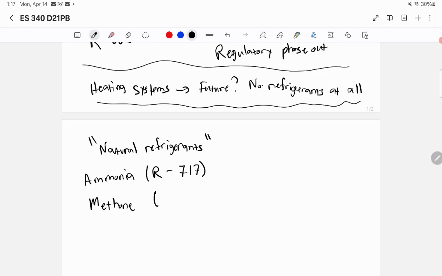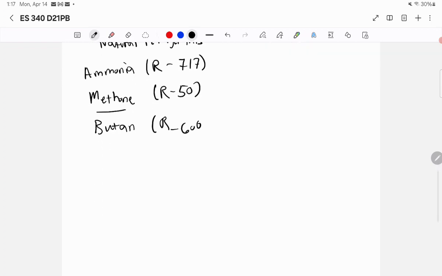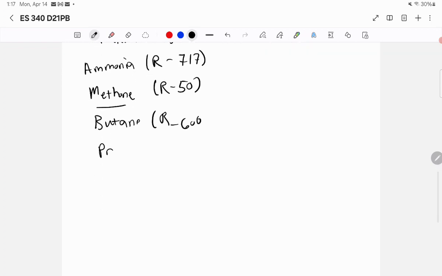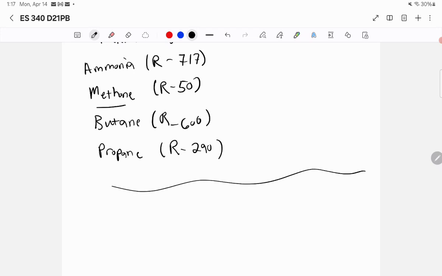Methane has R50. Methane actually is produced in large amounts in our environment. Butane, R600. Propane, which is R290. These are natural refrigerants.